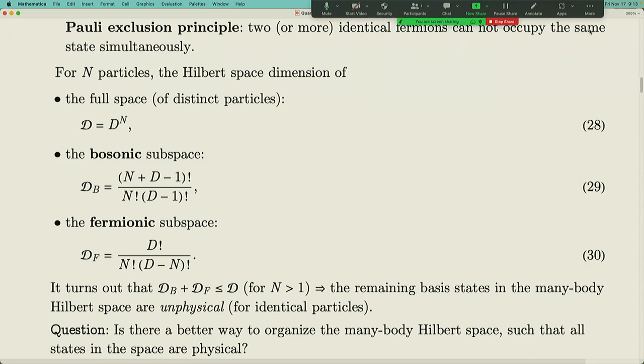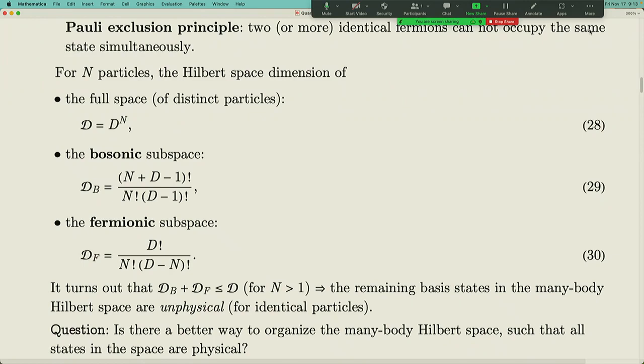It turns out that if you substitute specific numbers, for example the case n equals 2, d equals 2, that is like a single qubit. Every particle can be either 0 or 1, so it takes 2 states, and there are only 2 of these particles. So how many symmetric states can we have?